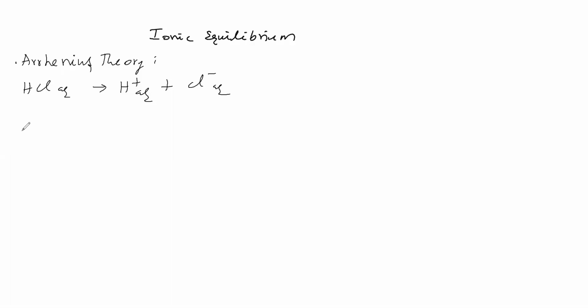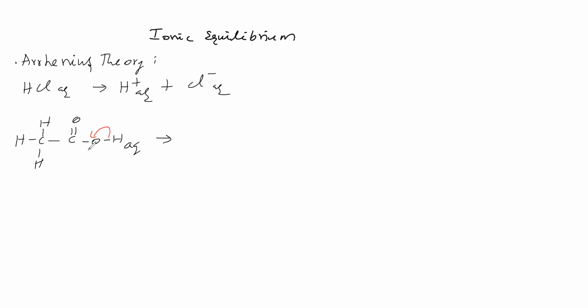Then we will take acetic acid. We write acetic acid like this, and dissolve it in water. It undergoes ionization, in the sense this bond is migrating to oxygen. Why? Because oxygen is more electronegative than hydrogen.